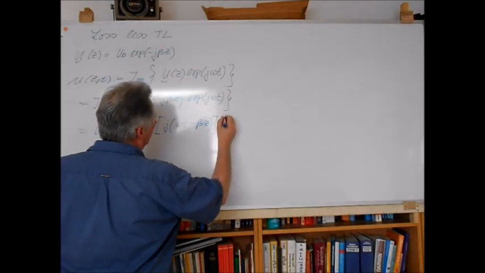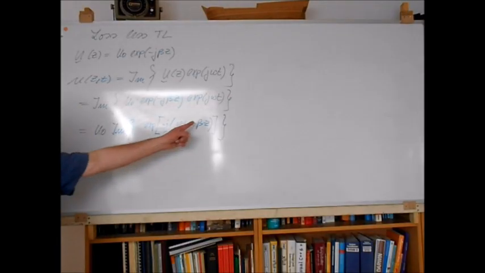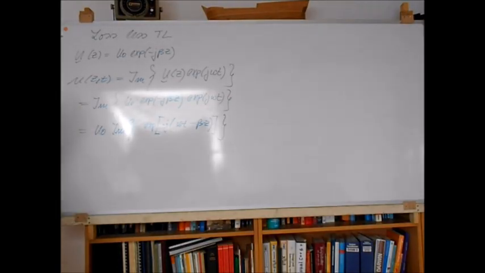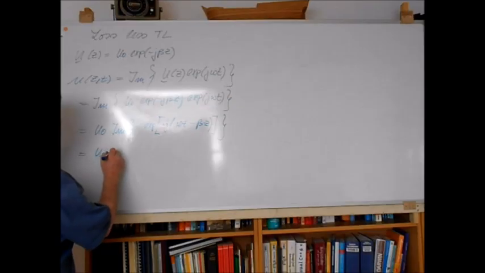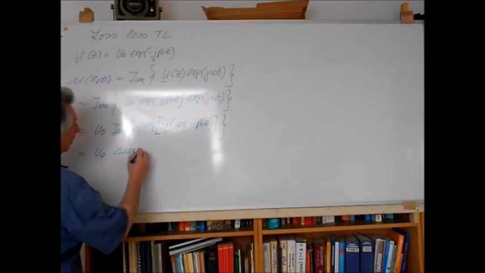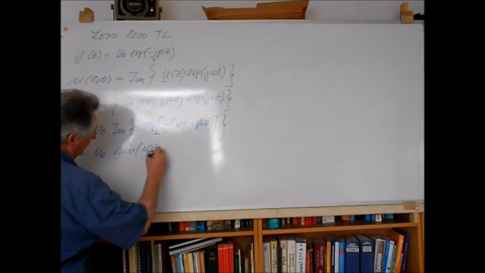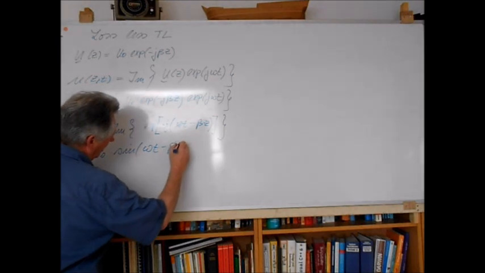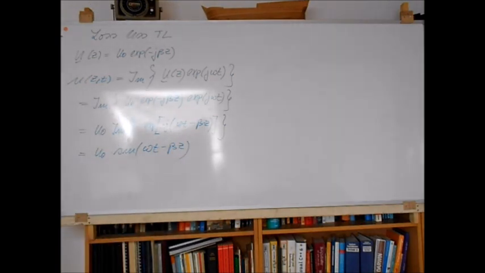And if we take only the imaginary part of this function, we get u naught times sine of omega t minus beta times z. This will be, in principle, the function u of z and t.